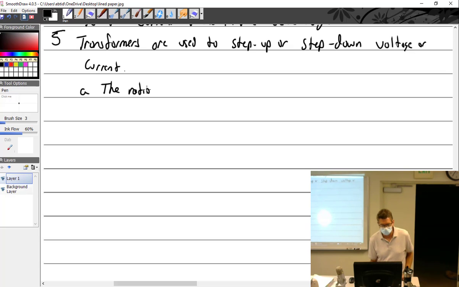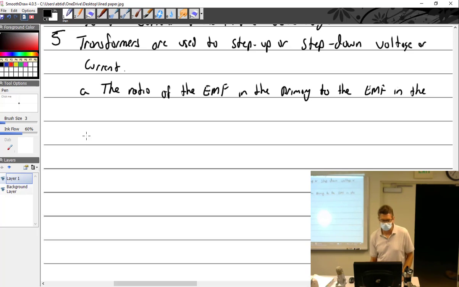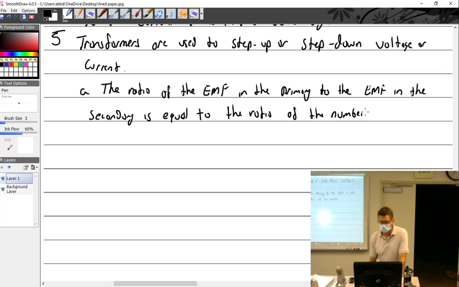So the ratio of the EMF, electromotive force, in the primary to the EMF in the secondary is equal to the ratio of the number of turns in the primary to the number of turns in the secondary.